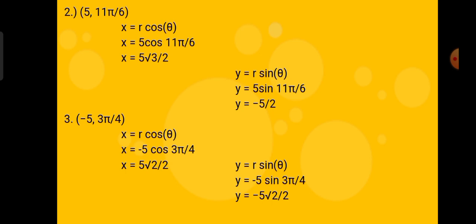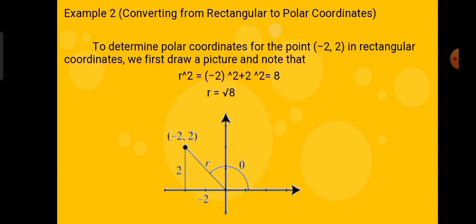Then our y coordinate is equal to negative 5 all over 2. Then in our number 3, we came up with the answer of 5 square root of 2 all over 2. Then our y coordinate is equal to negative 5 square root of 2 all over 2.